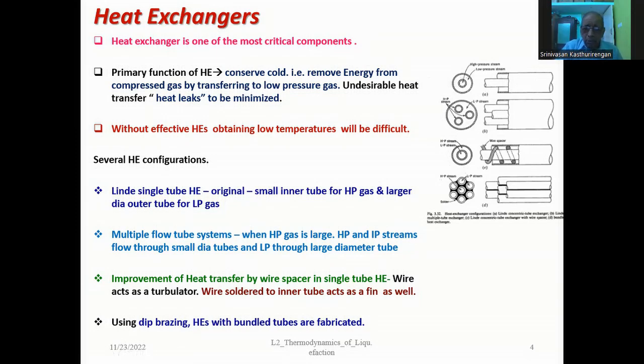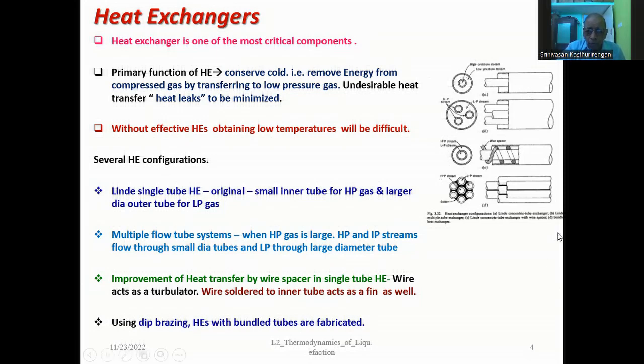So this system is called a tube-in-tube heat exchanger because one tube encloses the other tube. Okay. Now, always the high pressure is chosen in the smaller diameter tube and the low pressure will go into the bigger diameter tube. Okay. We can improve this configuration to a slightly different perspective.